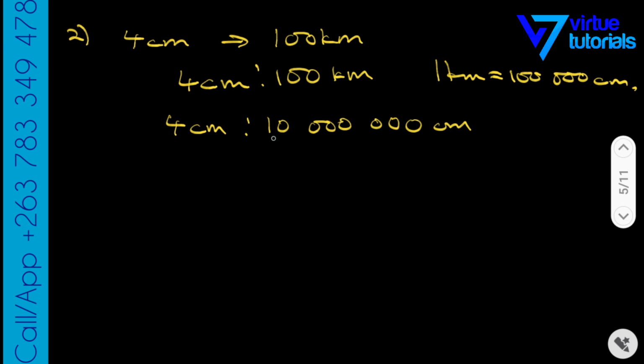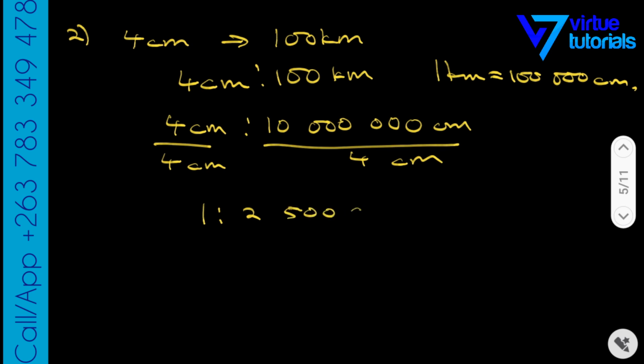So 4 centimeters represents 10 million centimeters in real life. If you divide both sides by 4 centimeters, your scale becomes 1:2.5 million. So that's the scale of the map that you have there.